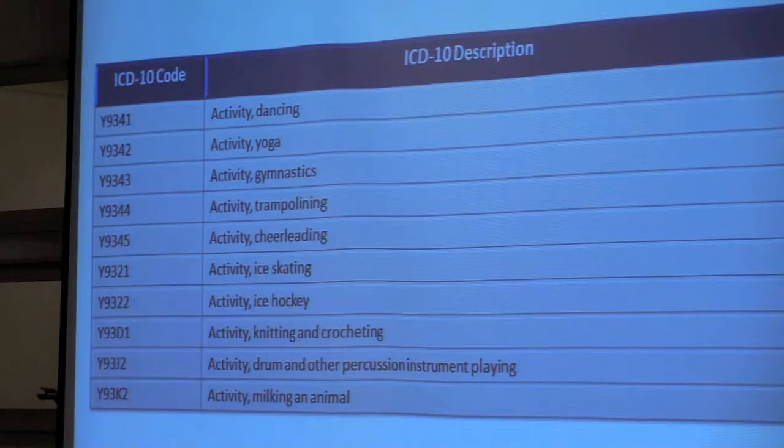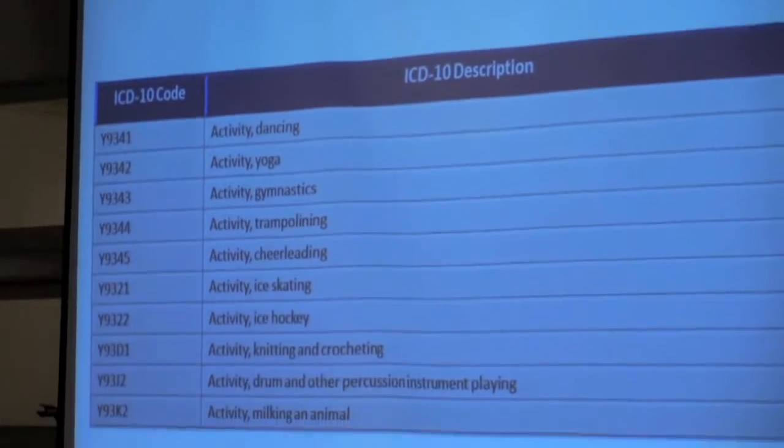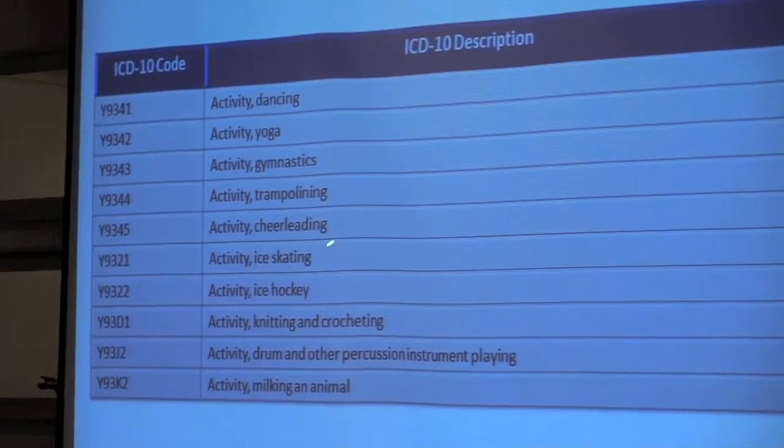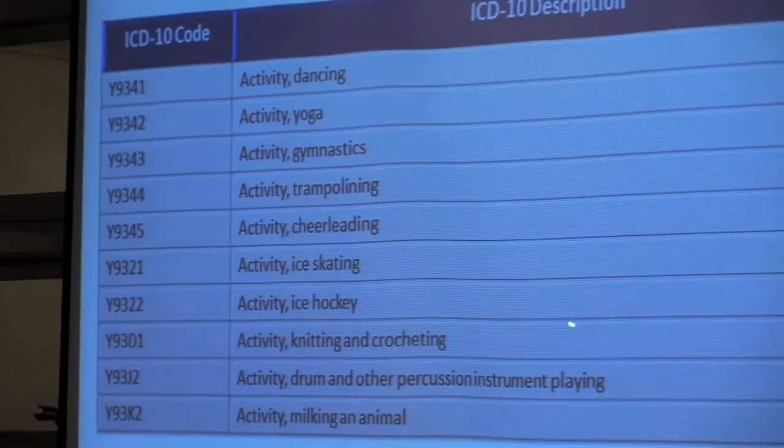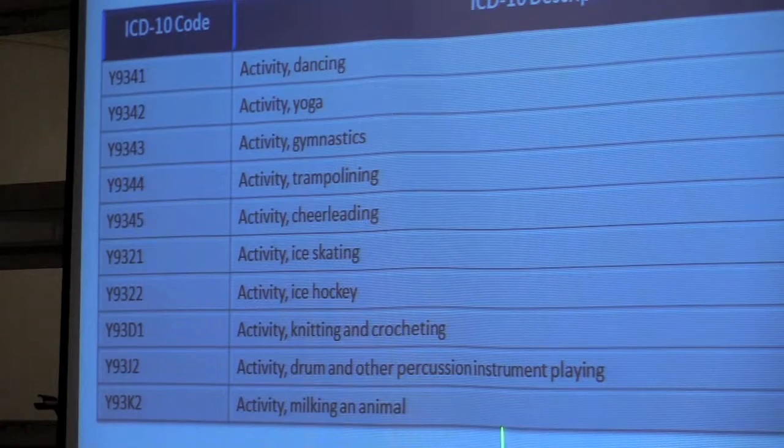Or activity, right? Now, this doesn't apply to everything, but if you're doing very strenuous yoga and you injure yourself, here's a description for that. Ice hockey. If you're very vigorous with your drum, you could hit yourself in the head, I guess. Milking an animal, we all do a lot of that, right? Well, you could get kicked. So there's codes for just about everything.